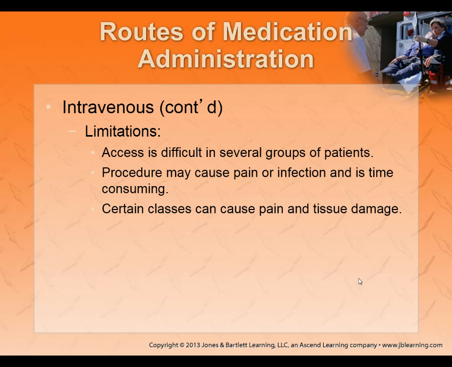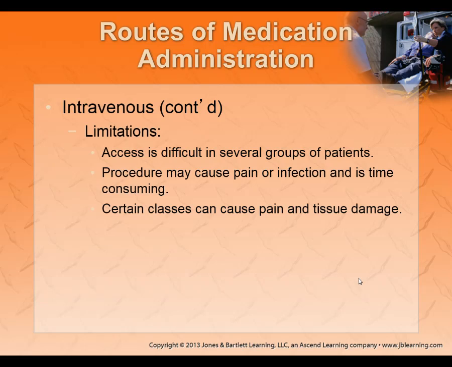Now, there are some limitations related to IV meds. Some medications can't be given IV. An example is potassium; we have to give it very, very slowly, over a long period. Normally, we give IV potassium over 4 hours.